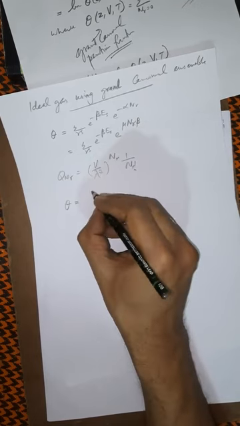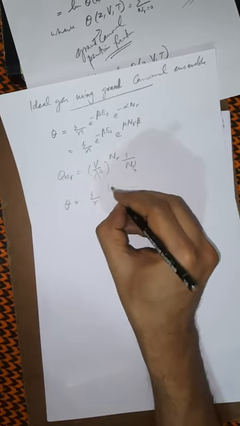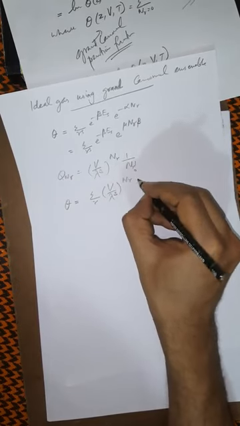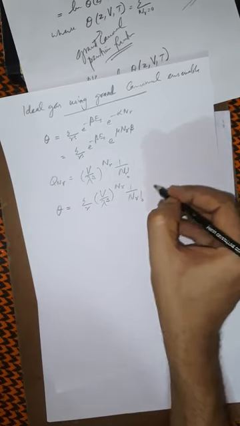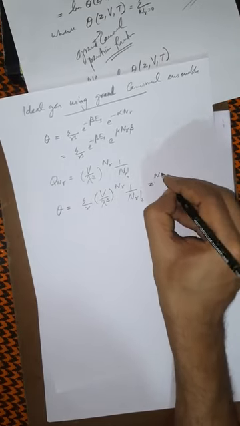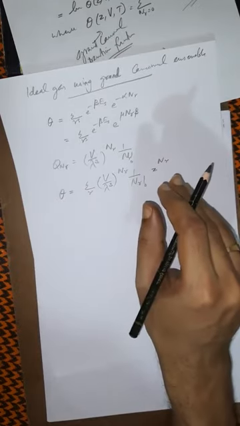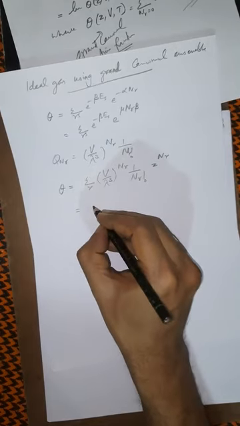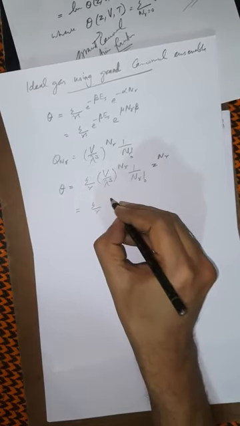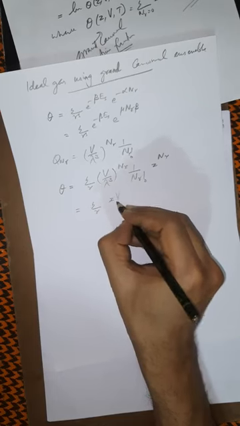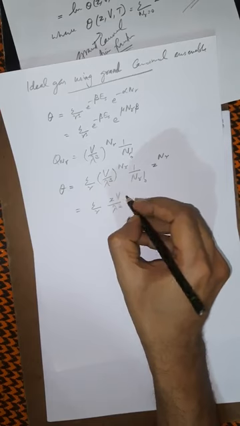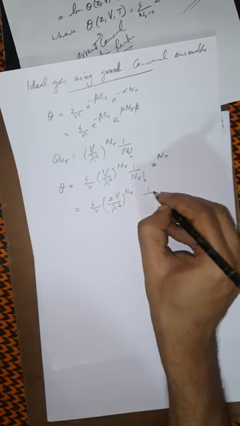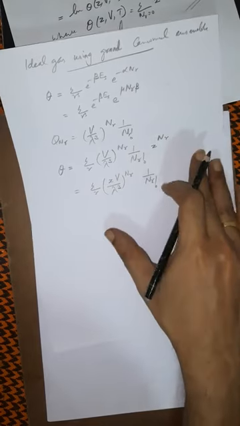So theta is equal to the sum over r of V by lambda cube raised to Nr, times 1 by Nr factorial, times z raised to Nr, which I can simplify as the sum over r of zV by lambda cube raised to Nr, times 1 by Nr factorial.